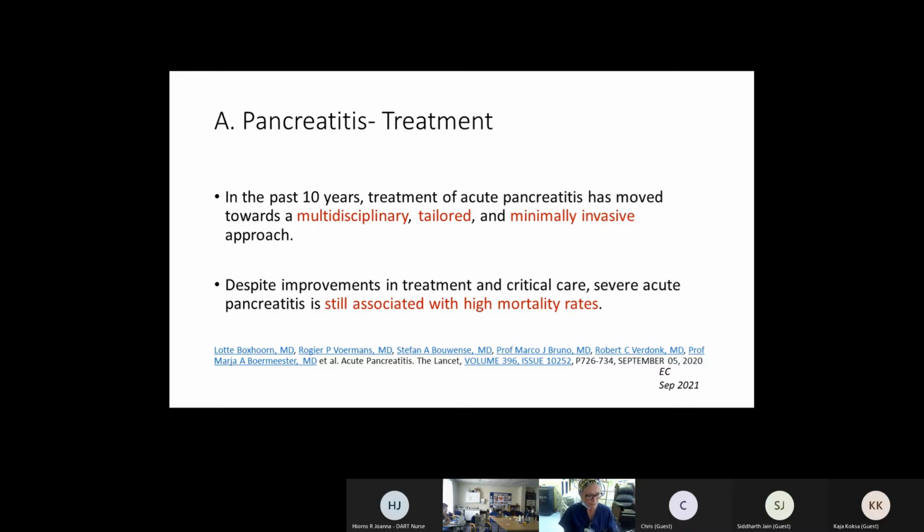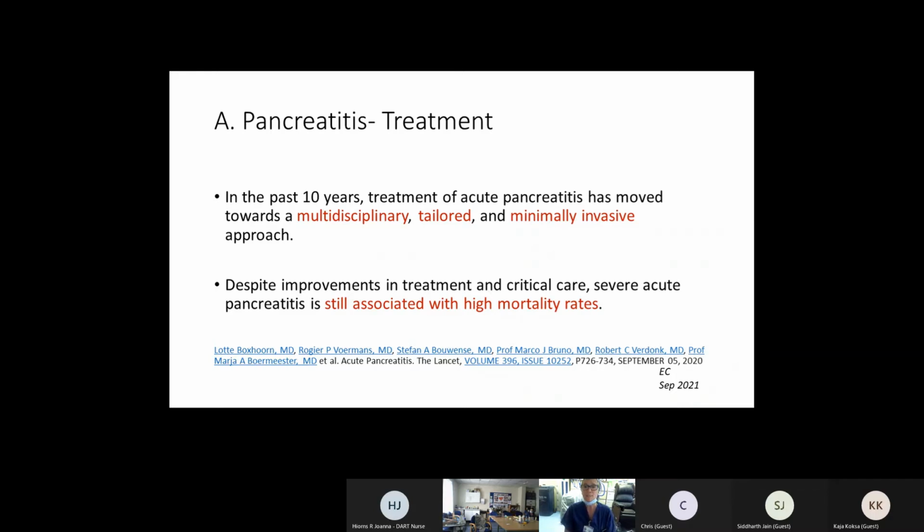Now, about treatment. This was taken from a relatively recent publication in The Lancet. In the past 10 years, the treatment of acute pancreatitis has moved towards a multidisciplinary, tailored, and minimally invasive approach. So more important than knowing specific parameters about the patient is to know more things about the patient, comorbidities, other characteristics of the patient like obesity, things that could be important in assessing severity.